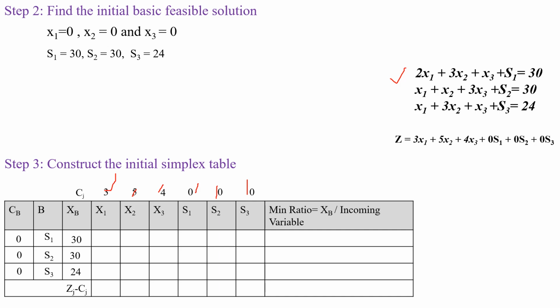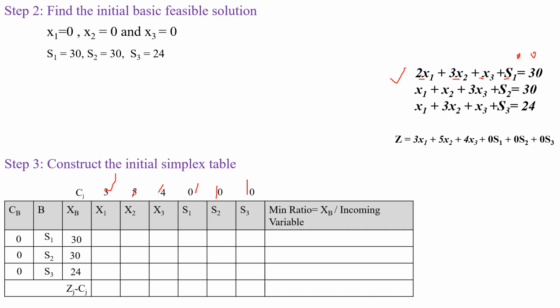Next observe the first constraint equation, that is 2x1 plus 3x2 plus x3 plus s1 equal to 30, and observe the coefficients of all the variables. Here the x1 coefficient is 2, x2 coefficient is 3, x3 coefficient is 1, s1 coefficient is 1, and the s2 and s3 coefficients are 0.